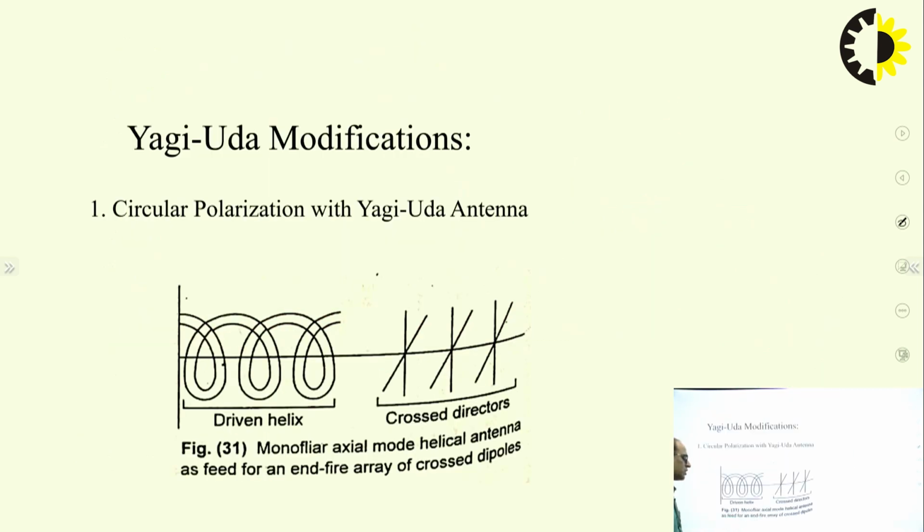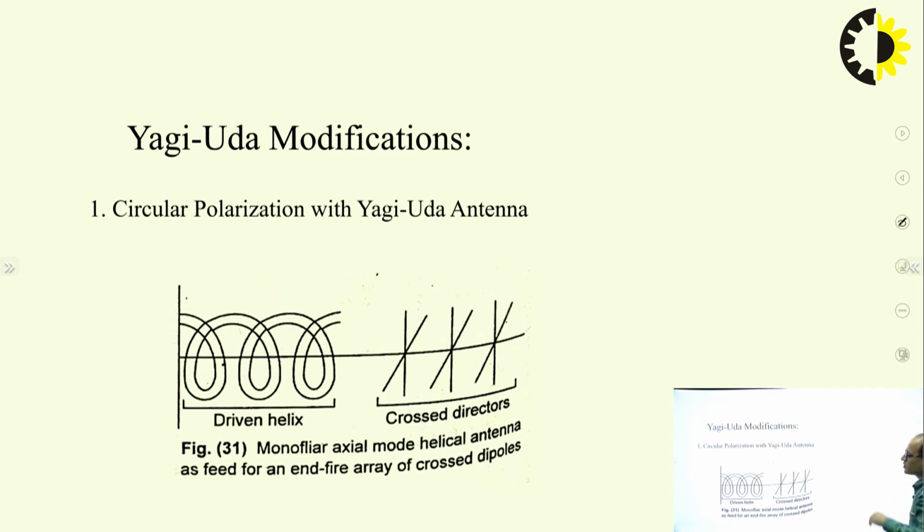Now next one is the Yagi-Uda modifications, means some parameters are added onto the Yagi-Uda antenna to modify its features. Means there are some features to be added in the Yagi-Uda antenna, so that we will get the modified Yagi-Uda antenna.